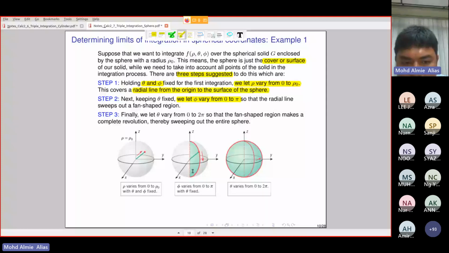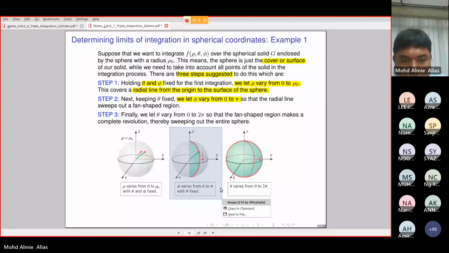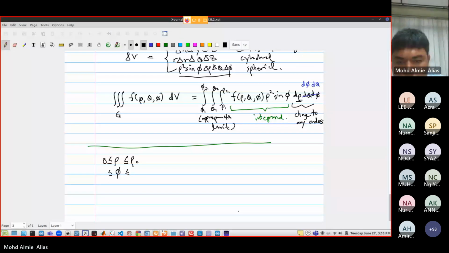We take this line and move it from phi equals 0 until phi equals pi.